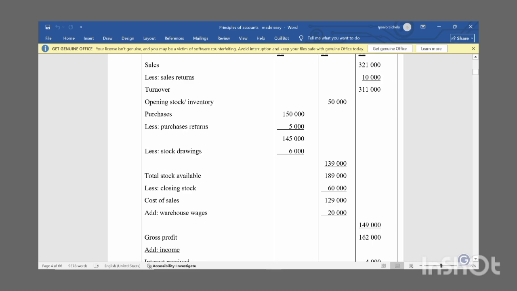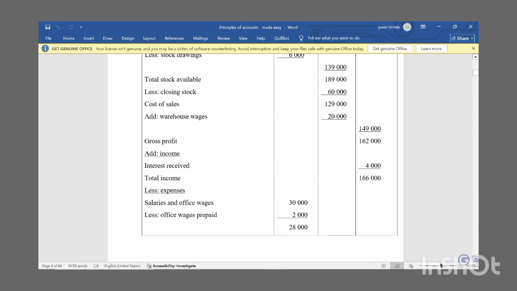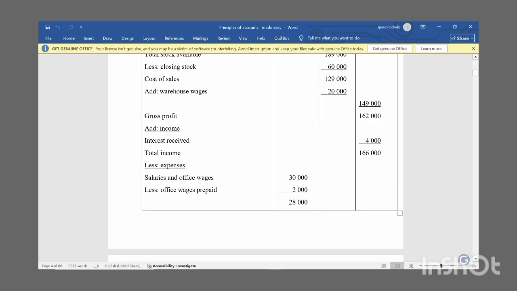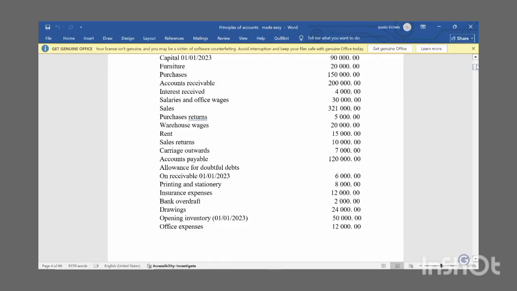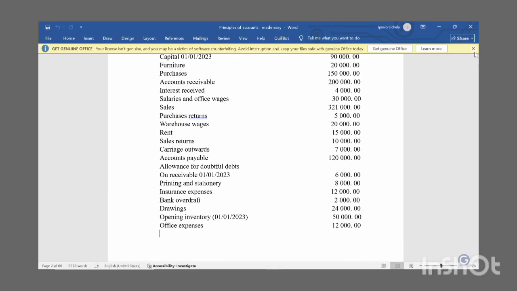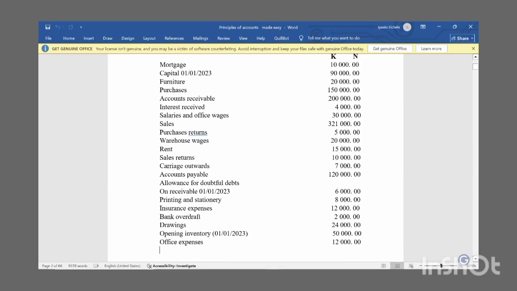and the figure for gross profit is 162,000. Once you have gotten your gross profit, you have to ask yourself, do we have income? Do we? Yes, we do. We have interest received. If you check the information here, when you have interest received as income, the rest are not income.